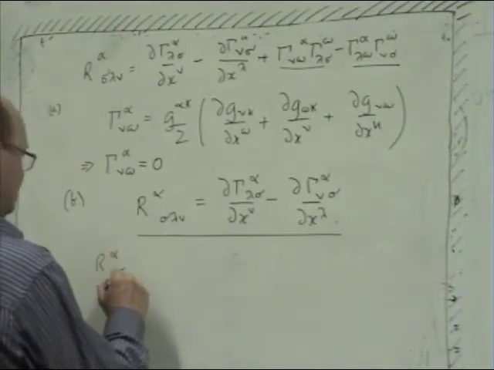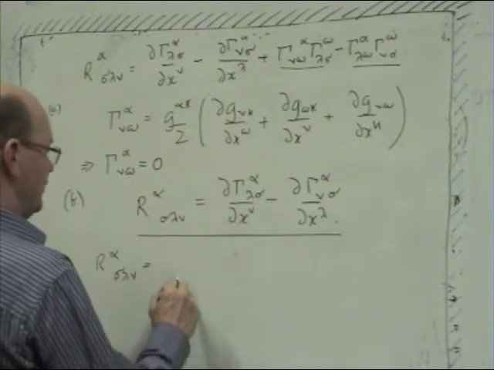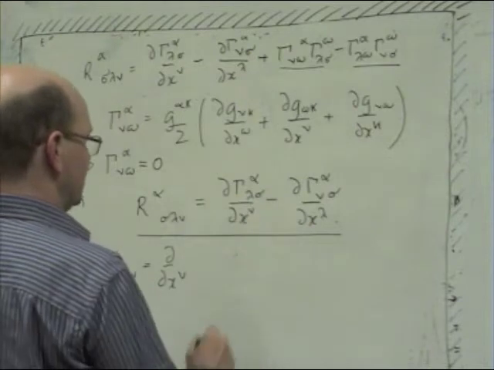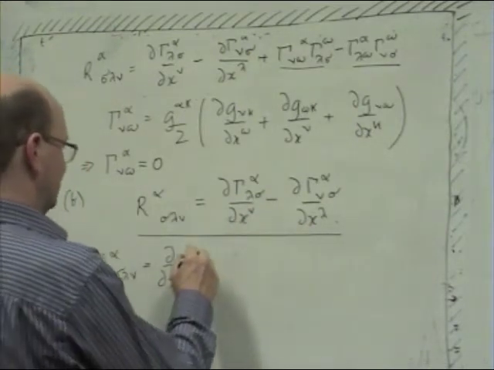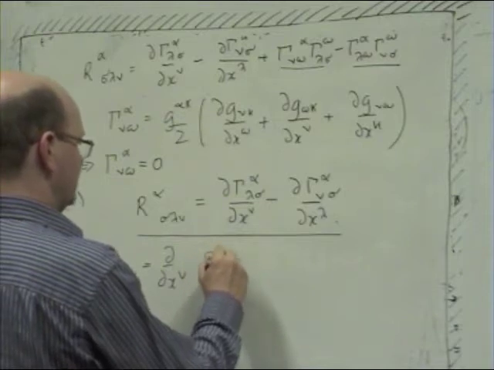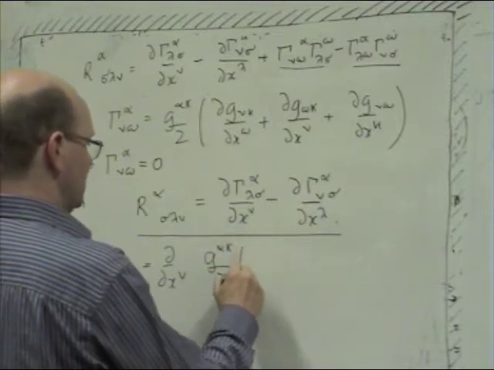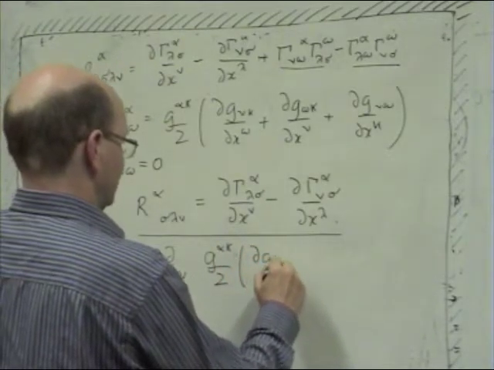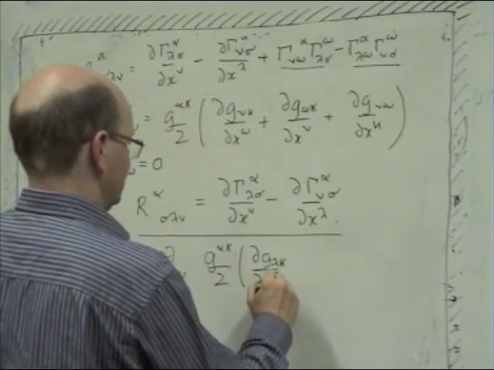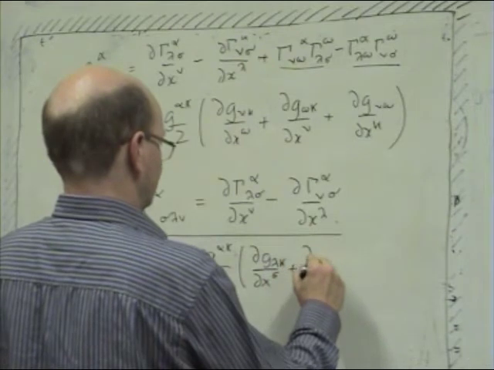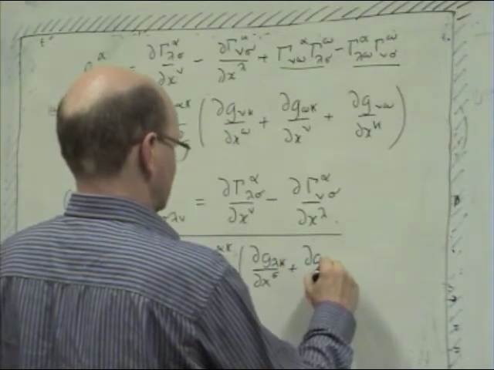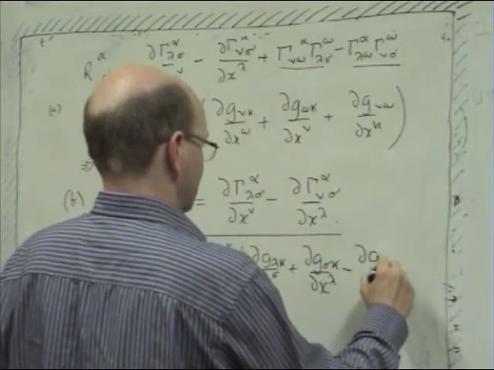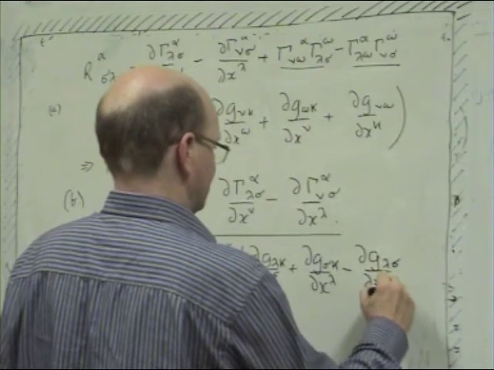what we've got is R alpha sigma lambda nu equals the partial derivative with respect to x nu of gamma alpha lambda sigma. But gamma alpha lambda sigma is g alpha kappa over 2 times the partial derivative of g lambda kappa with respect to x sigma plus the partial derivative of g sigma kappa with respect to x lambda minus the partial derivative of g lambda sigma with respect to x kappa.